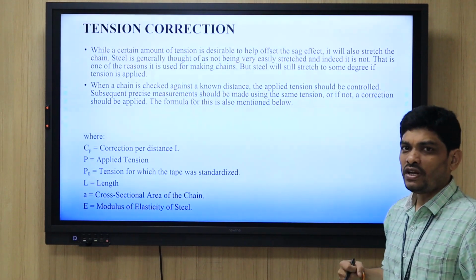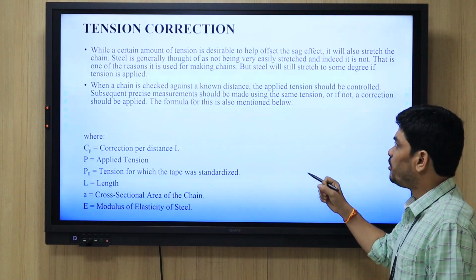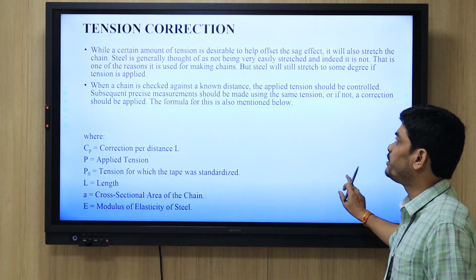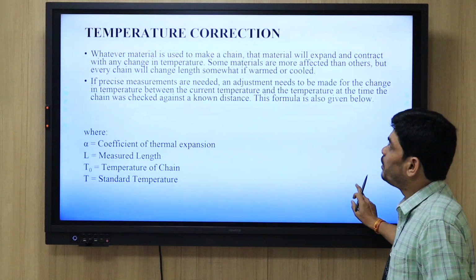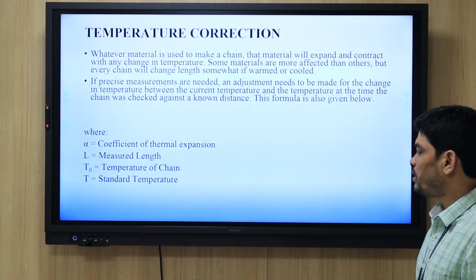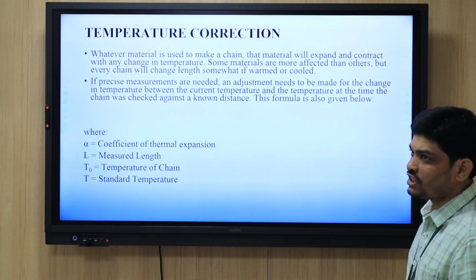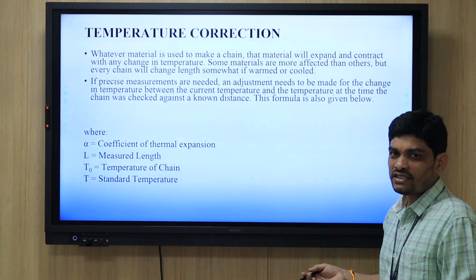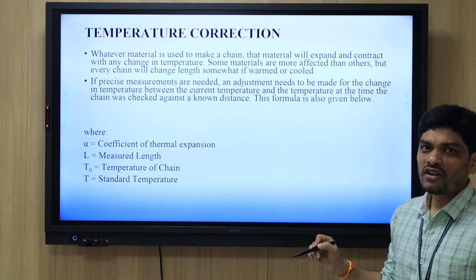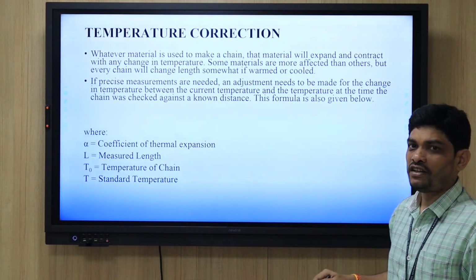Tension correction: when we are pulling hard, based on the energy we can calculate the tension correction. Temperature correction: we know the coefficient of thermal expansion of steel, and with that we can correct based on the temperature. When we are doing chain survey, we need to record the temperature of the particular area.